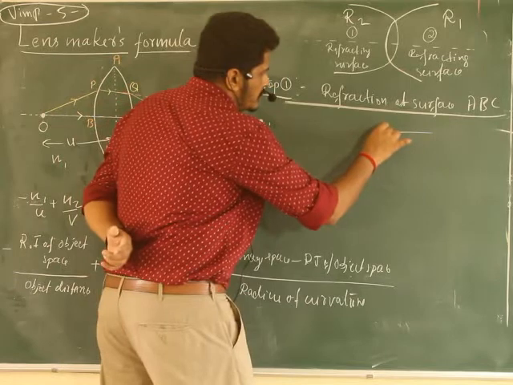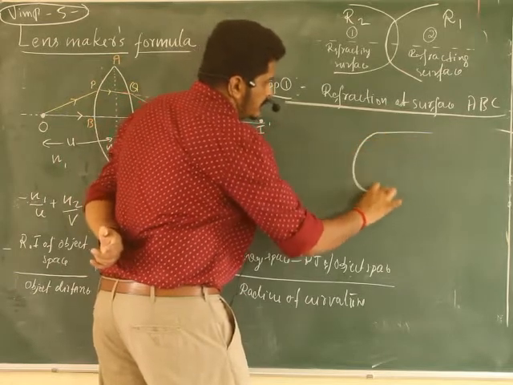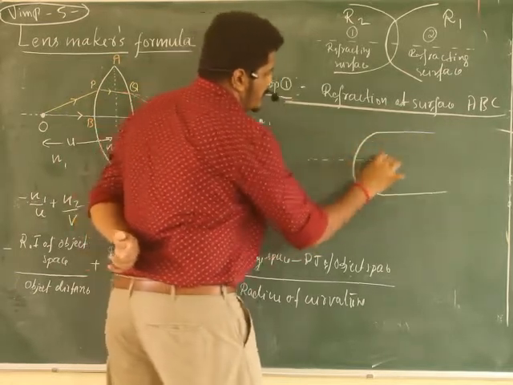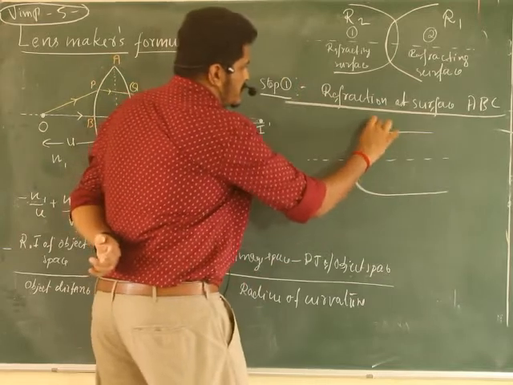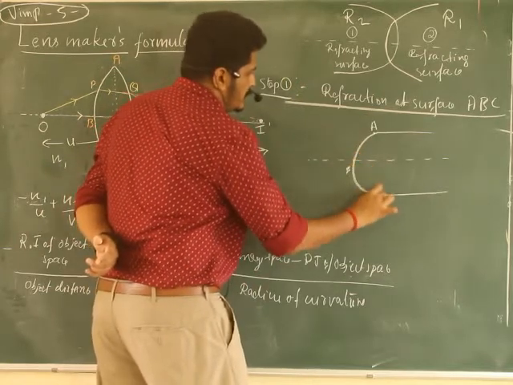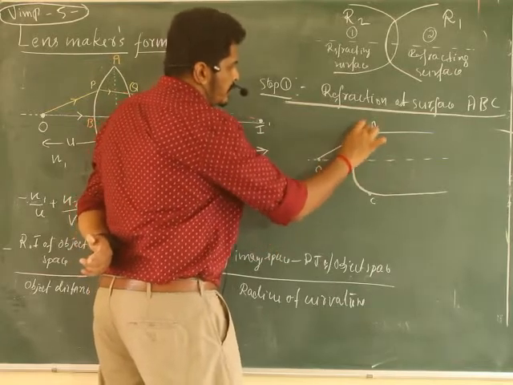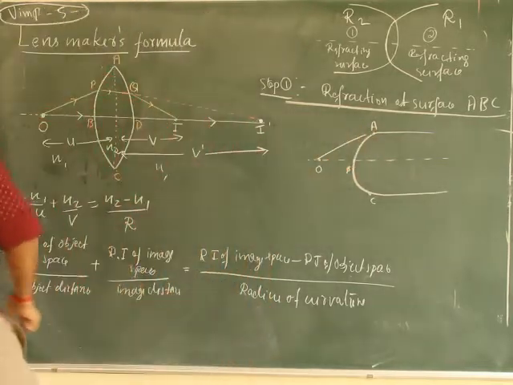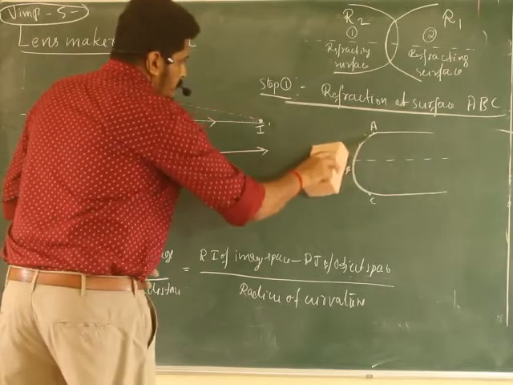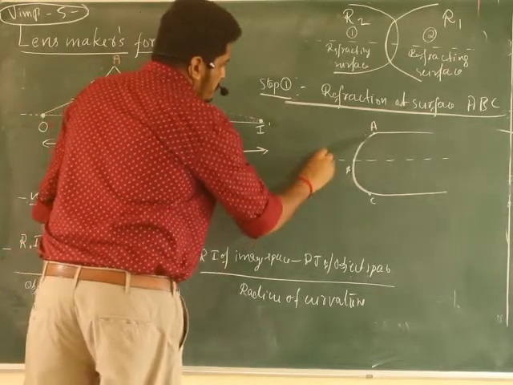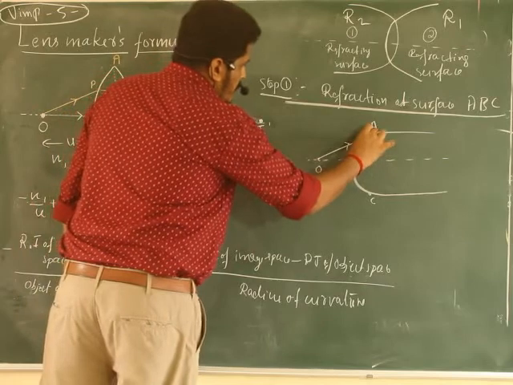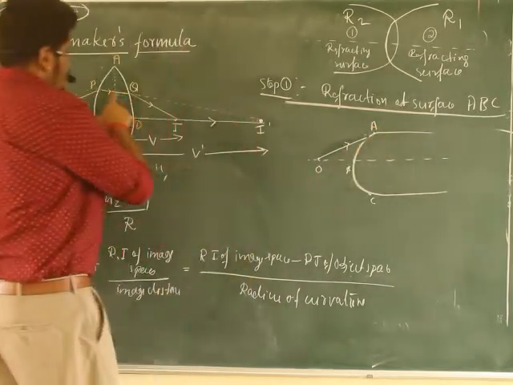How does it look? It looks like this, correct? A spherical refracting surface. This is A, this is B, this is C, this is the object. Sorry, only one time refraction takes place. And it forms an image.